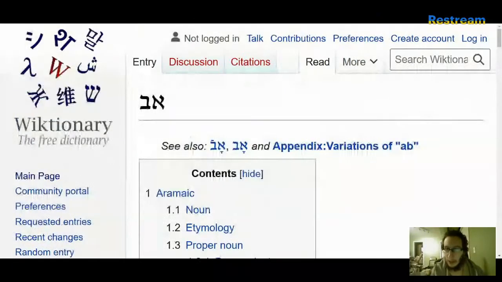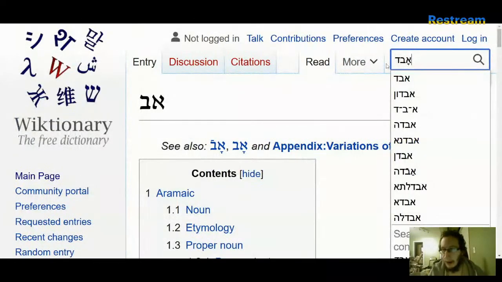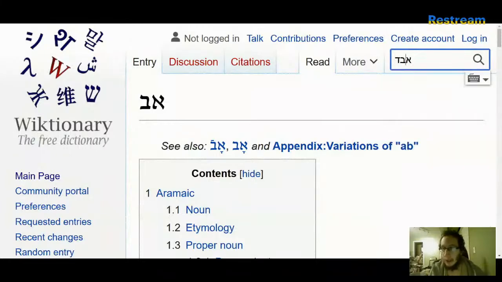Now we'll go to the Wiktionary page. Okay, Wiktionary. Let's check it out. So here we have, let's get rid of the vowel markings. Okay, so abad.